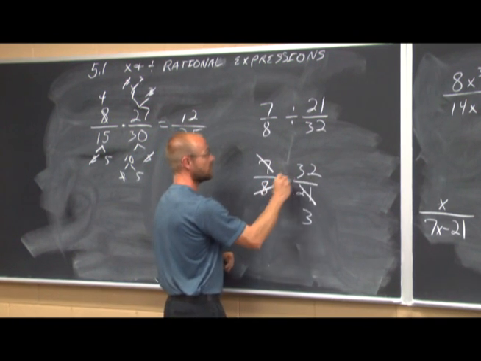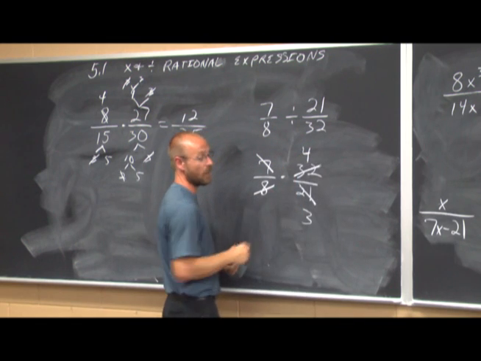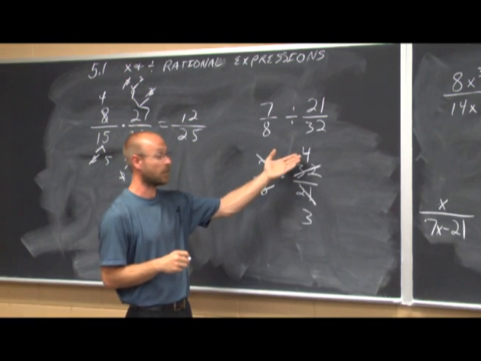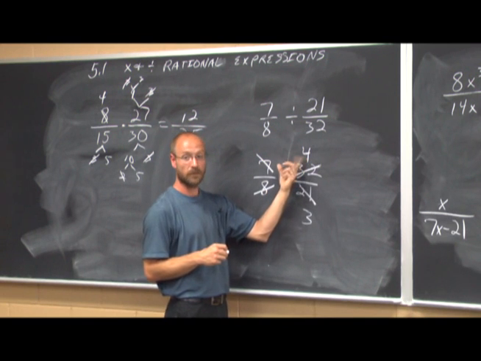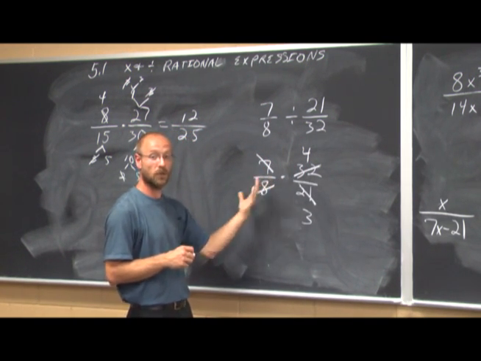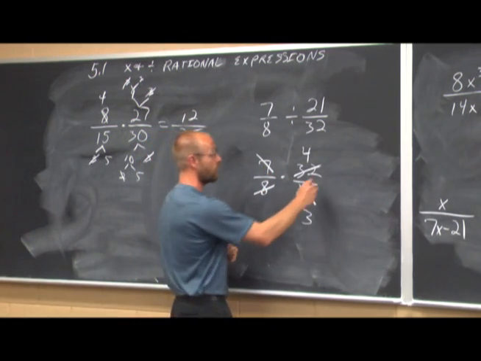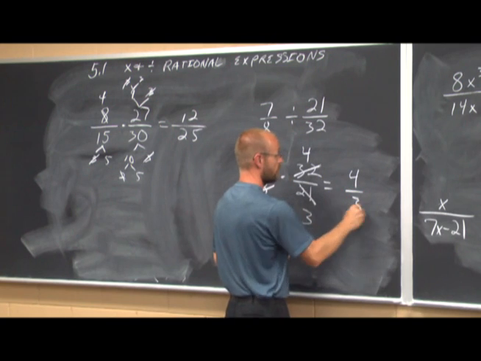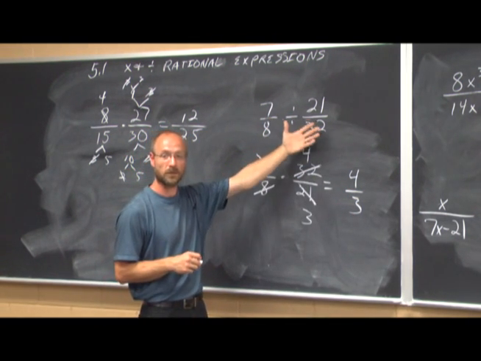Here, 8 is evenly divisible into 32 4 times, leaving me with that factor of 4. Just by reducing this, there's no multiplication left to do. I have 4 divided by 3, or just 4/3.